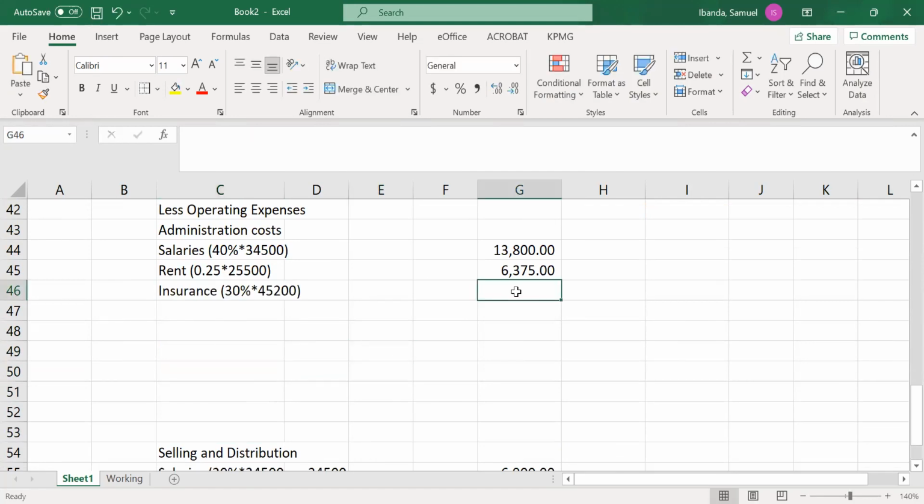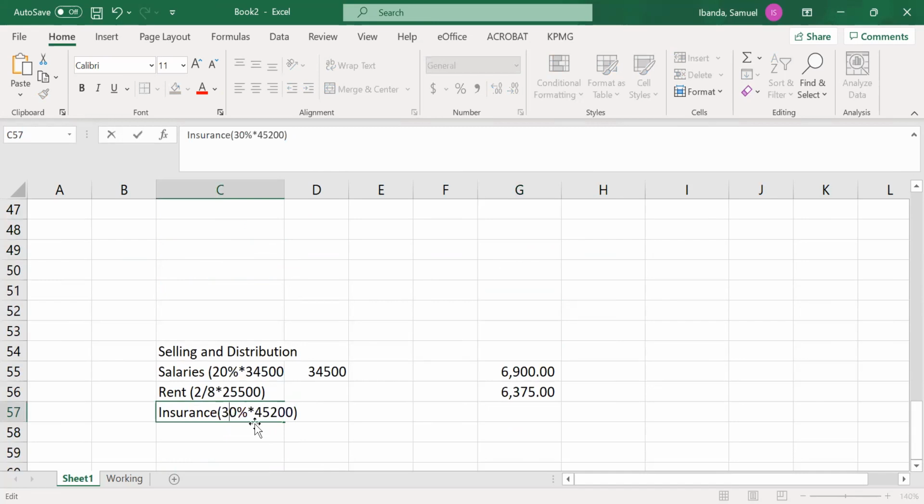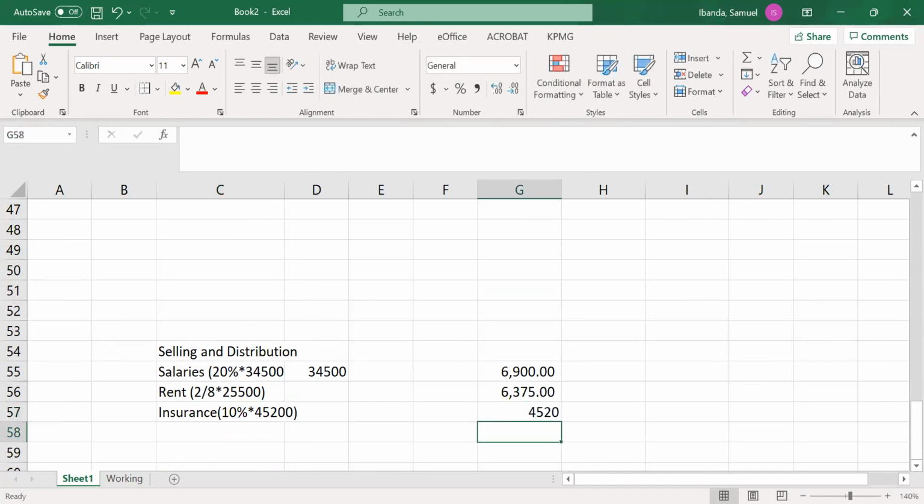When I bring this one here, it gives me 13,560. And then under selling and distribution, this is 10%. So I'll just take it down here. This is 10%, which is 4,520. That is what is there.